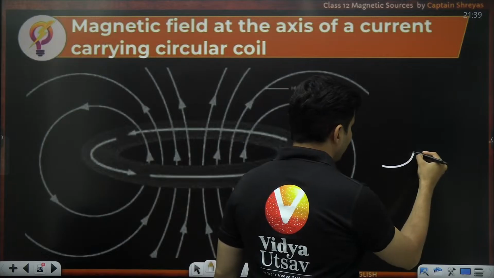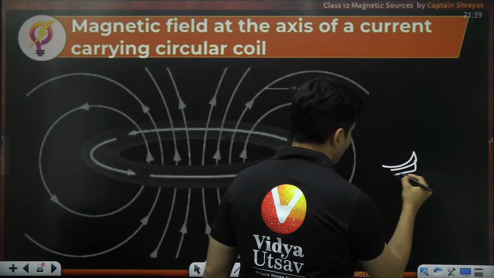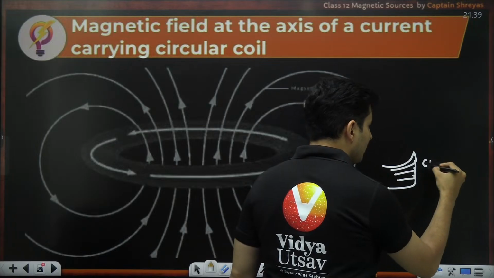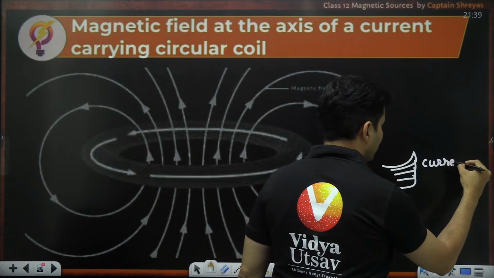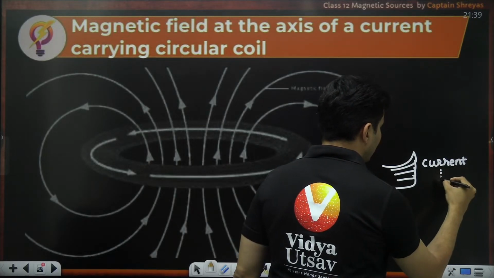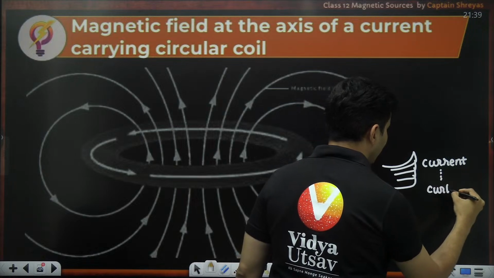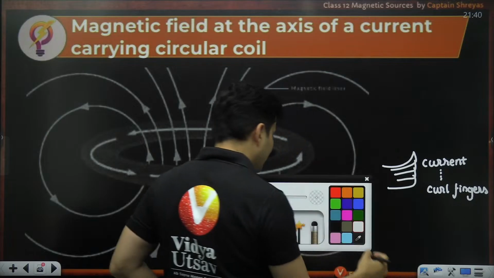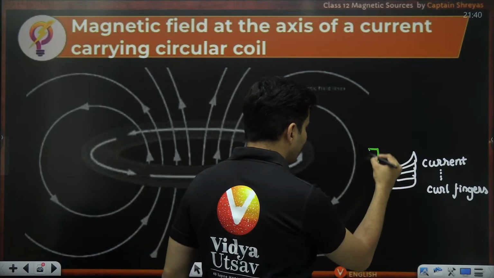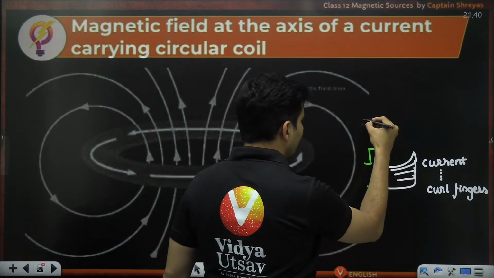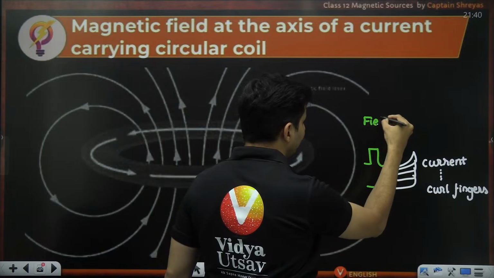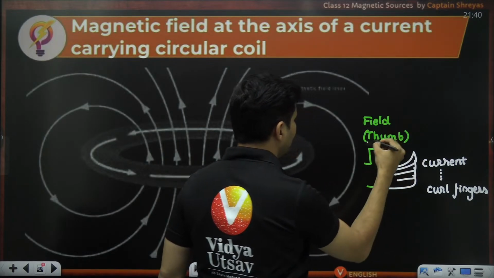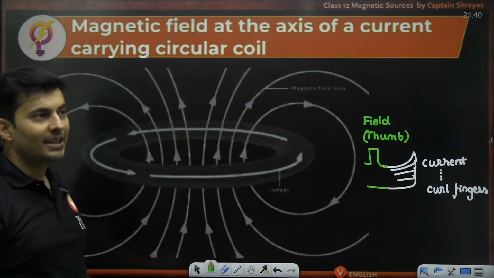So the fingers of the right hand curl in the current's direction, and then the thumb points in the direction of the magnetic field.